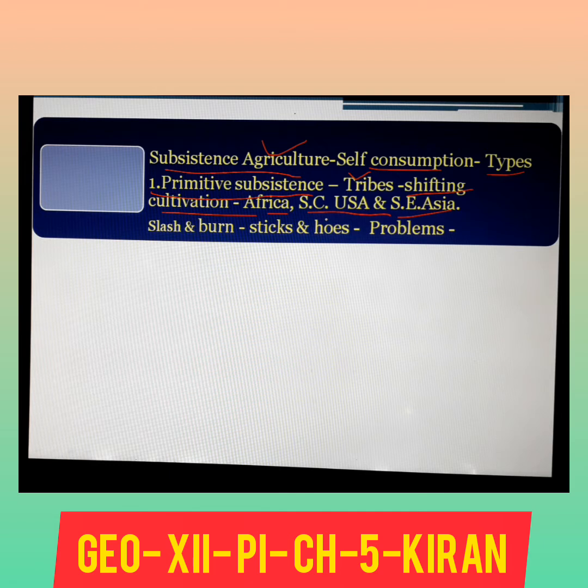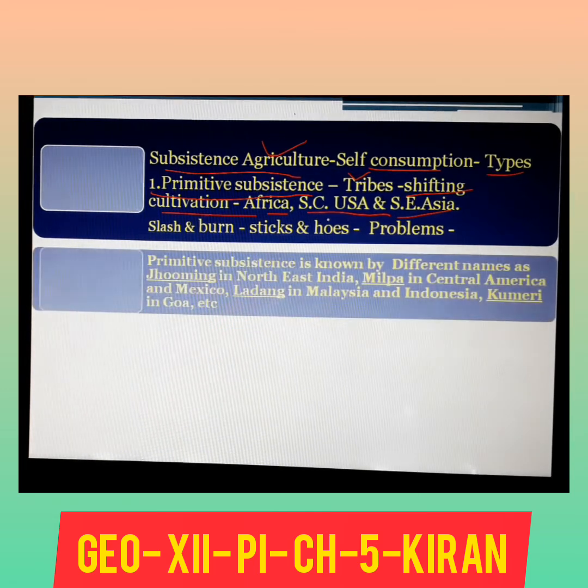After cultivating the area for 2 or 3 years, they will go to some other area and cultivate crops. So they don't have permanent agricultural land. That is why they are called shifting cultivation people.